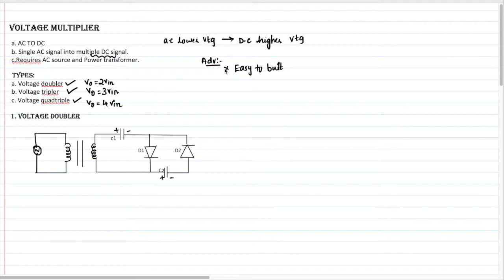A transformer also converts an AC signal to higher voltage DC, but it's very costly to build. This voltage multiplier is cheap compared to the transformer, which actually does the same operation.